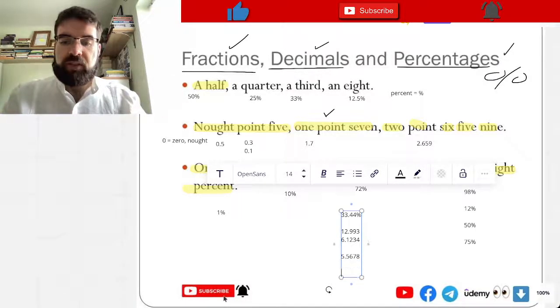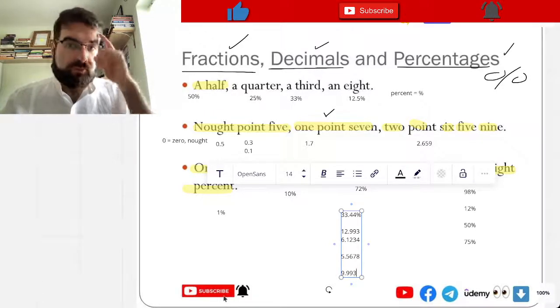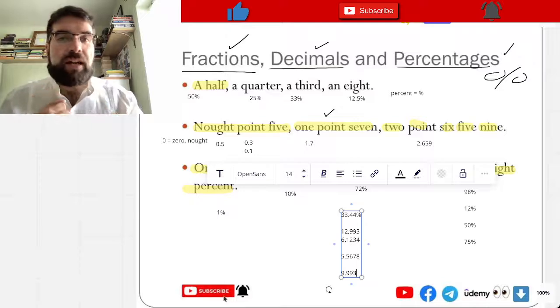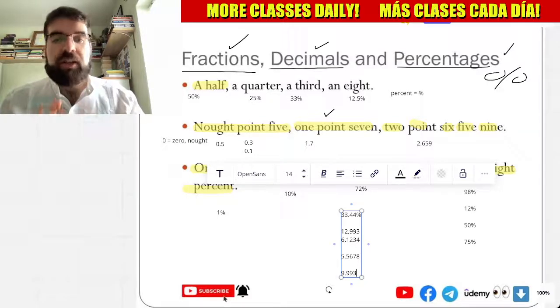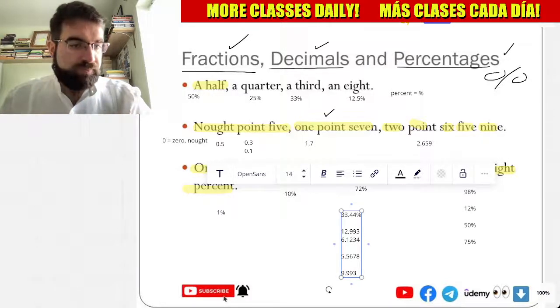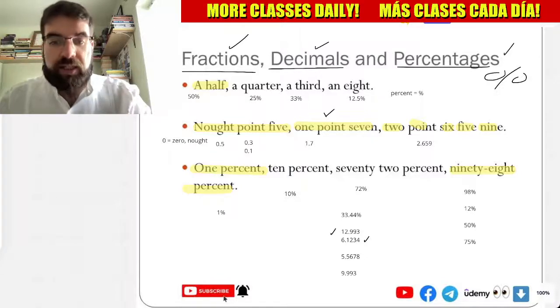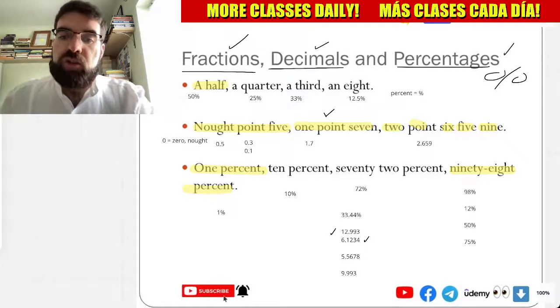Muy bien. 9.993. Muy bien. 9.993. 5.5678. 6.1234. 12.993. Muy bien. 33.44%.